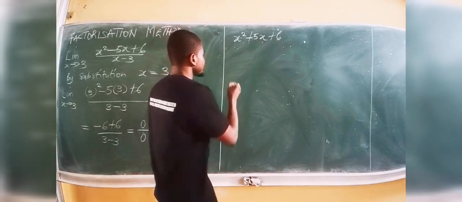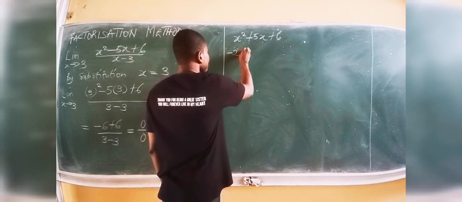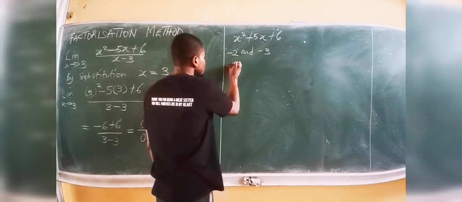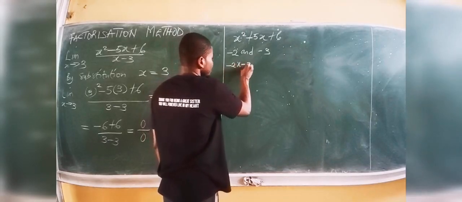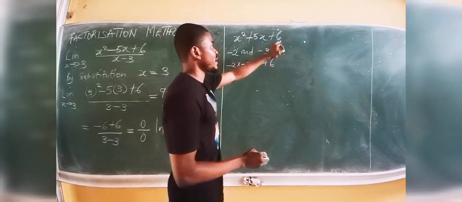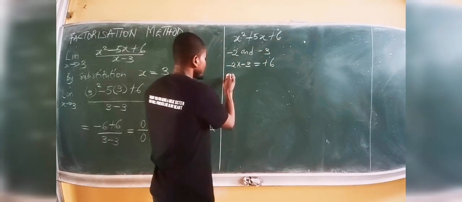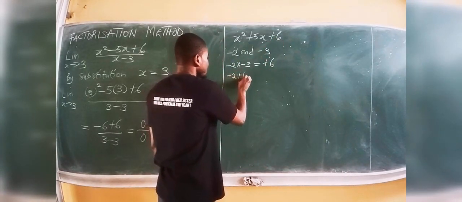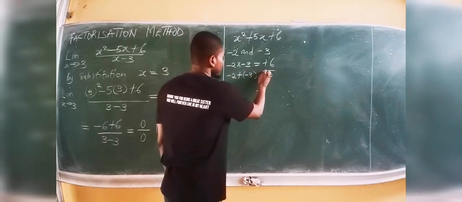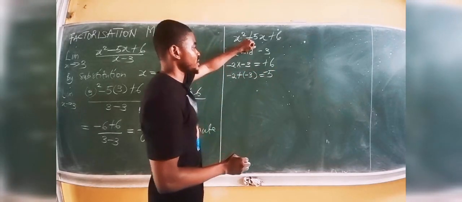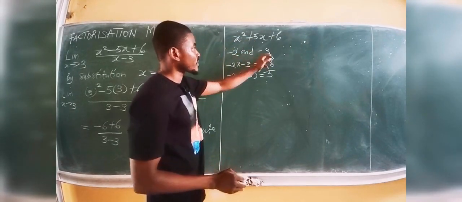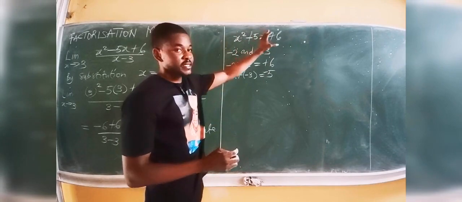The two numbers are minus 2 and minus 3, such that minus 2 multiplied by minus 3 gives us plus 6, the constant, and minus 2 added to minus 3 gives us minus 5, the coefficient of x. So minus 2 and minus 3 are the numbers we need for the factors of this quadratic.